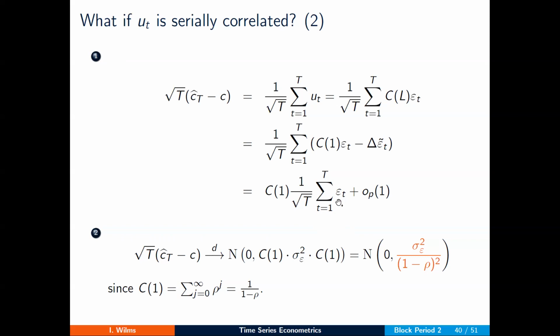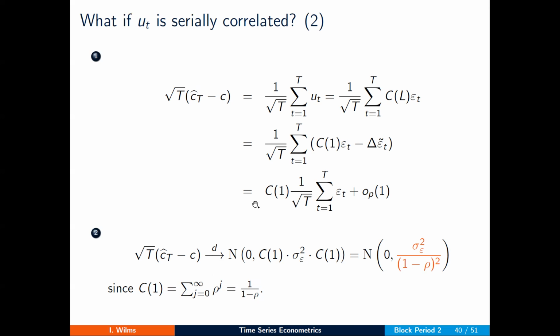I know that this converges to a normal distribution with variance sigma squared, where I just pre and post multiply with the probability limit of the scalar in front of it, namely C(1). And what was C(1) again? Well, C(1) is the infinite sum of the constant terms in the MA infinity representation. So the AR parameter to the power j, and that simplifies to 1 over (1 minus rho) in this case.